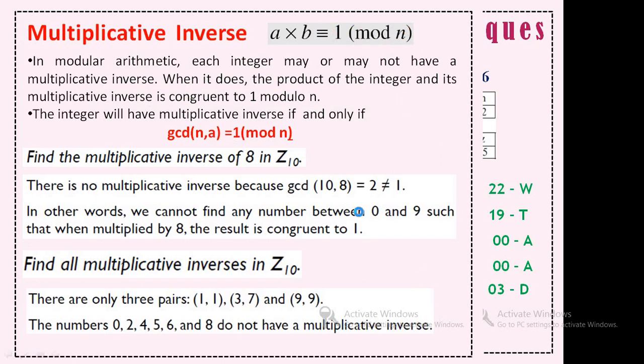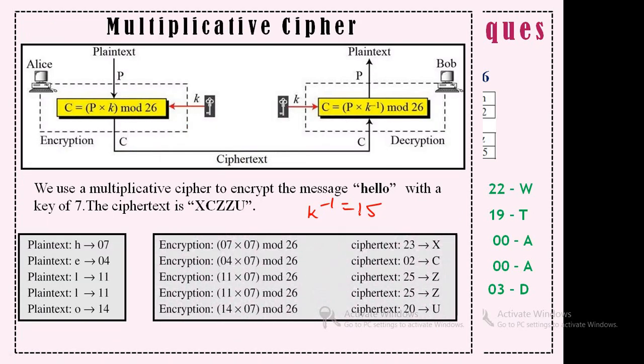So my question is, if we come back to this particular question where the ciphering has been done and the cipher text is XCZZU with the corresponding numerical values of 23, 02, 25, 25 and 20, can you do this reverse operation? P multiplied by K inverse.